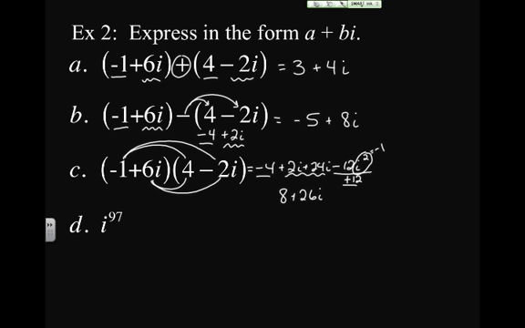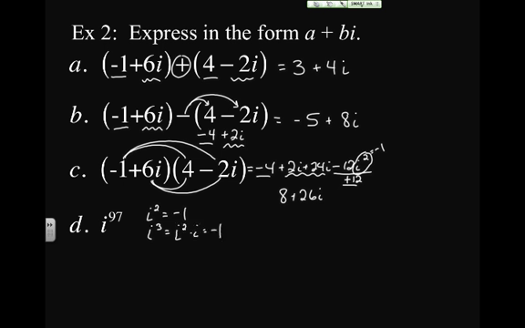Now part D, you may see that, and that looks a little bit weird. i to the 97th power. What we want to do is kind of take a look. We know that i squared is equal to -1. Well, what that means is that i cubed, we can break that up as i squared times i.